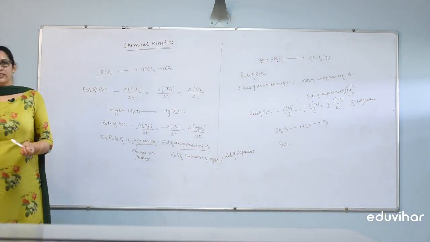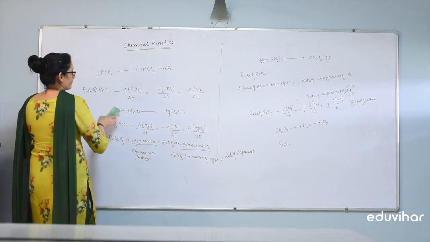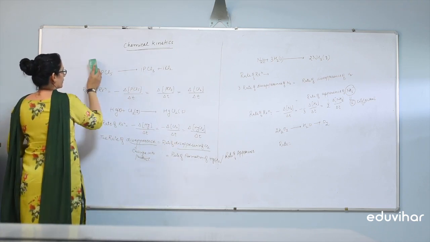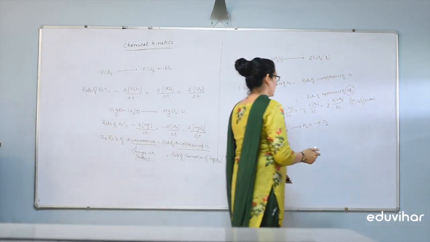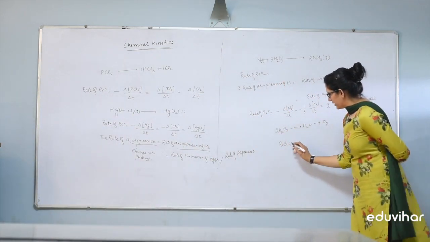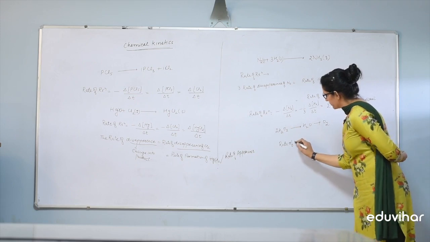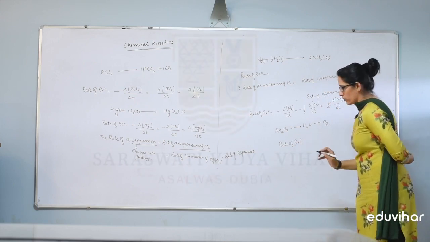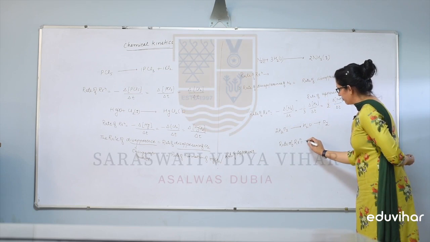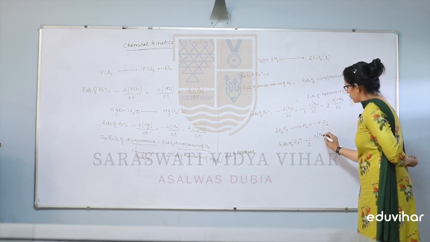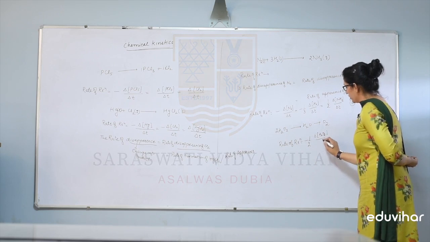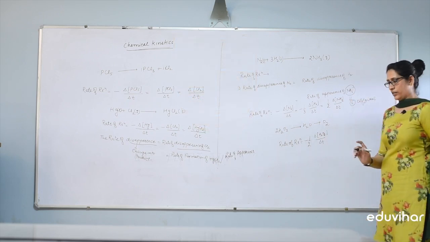How can you calculate the rate of reaction? As per my concern, you are writing that rate of reaction is equal to, very good, minus 1 by 2 change in concentration of H2O2 with respect to time, very good.